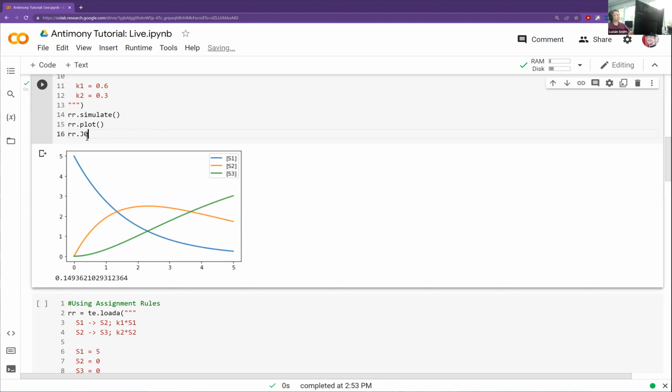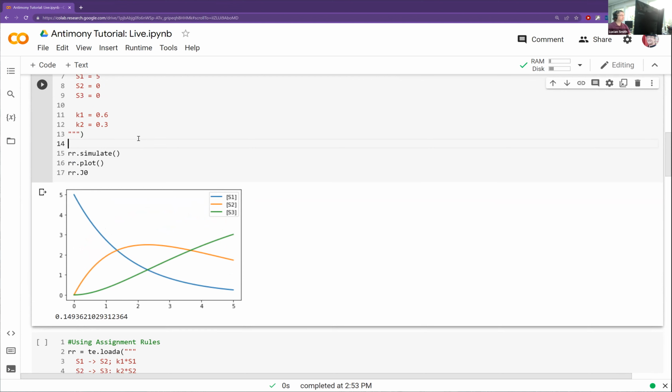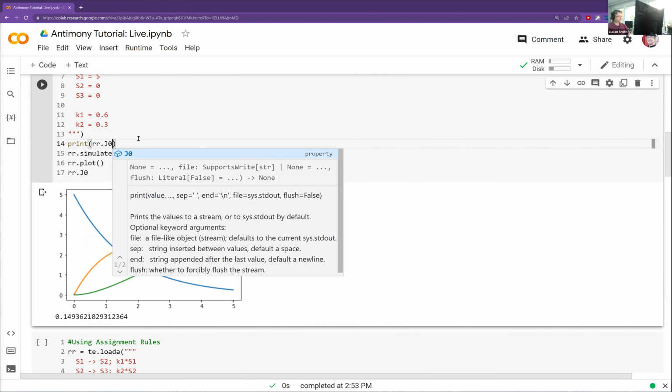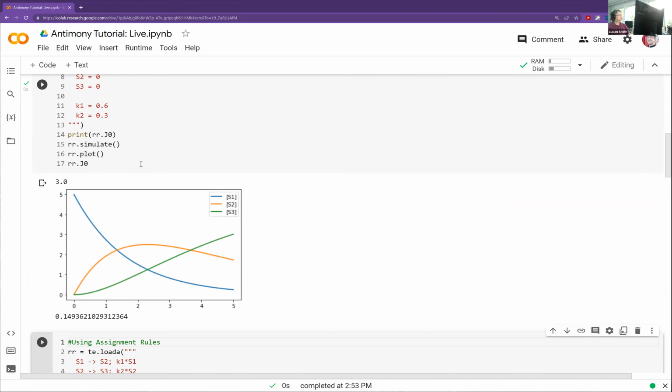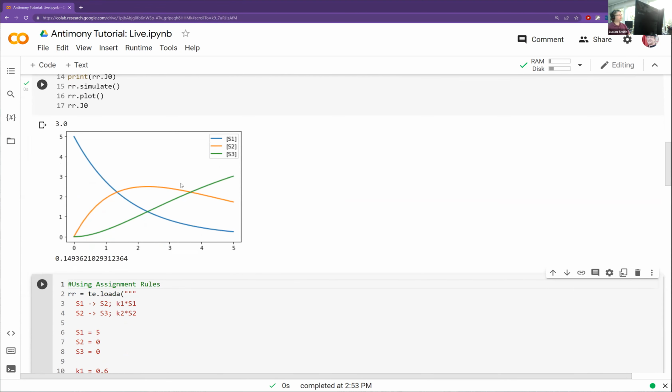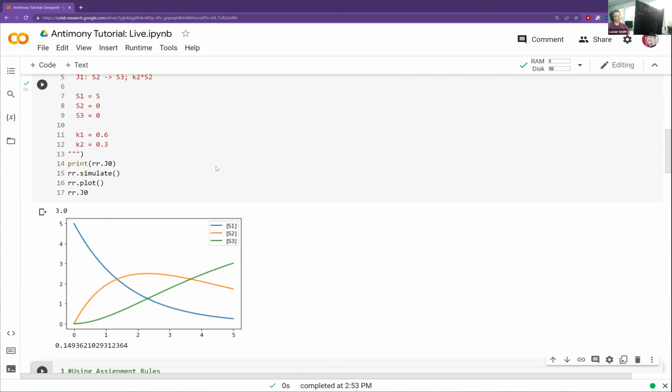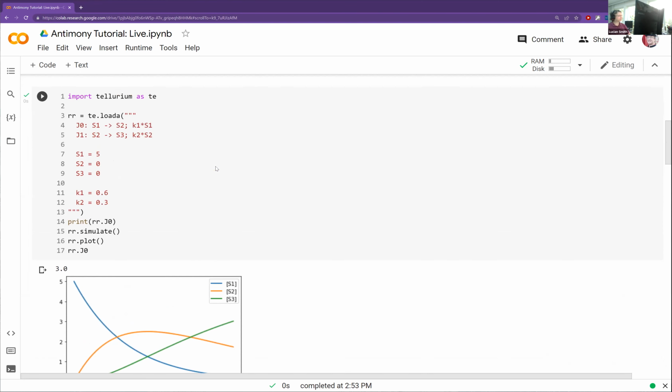So the flux of S1 to S2 at the end is kind of low. It's lower than it started off to be. In fact, it starts off at 3, you run the simulation, and by the end it gets to 0.14. So you can keep track of those sorts of things.